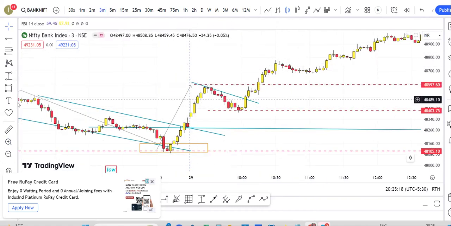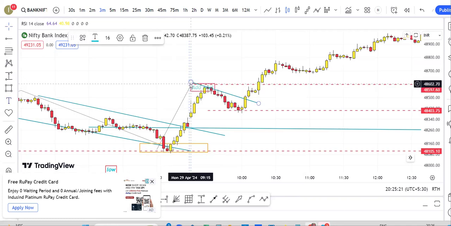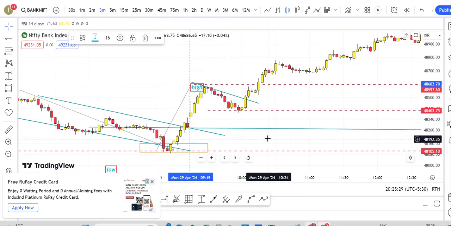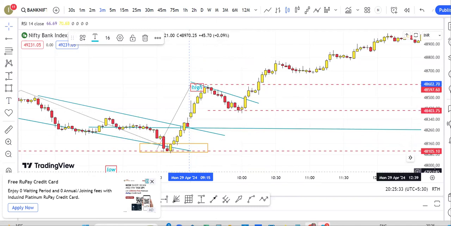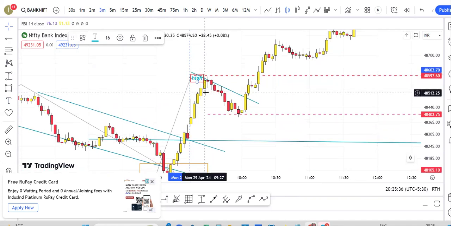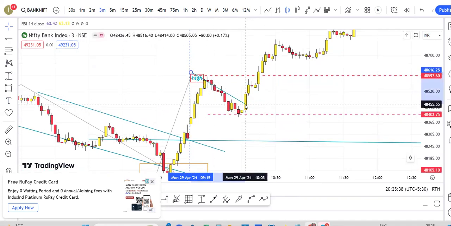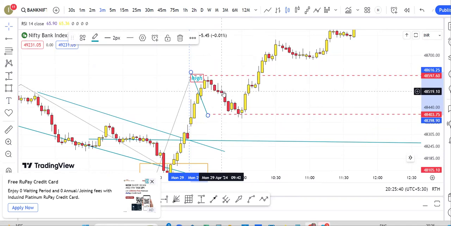It made a high over here. After gaining experience, you can track the market here itself in the lower time frame. You can gain entry. How can you gain entry? See, here it was making lower highs, lower highs, lower highs.